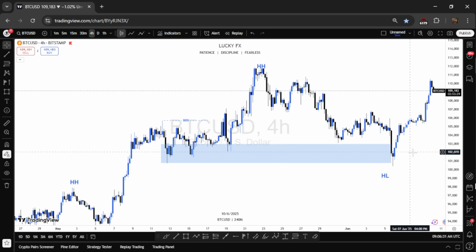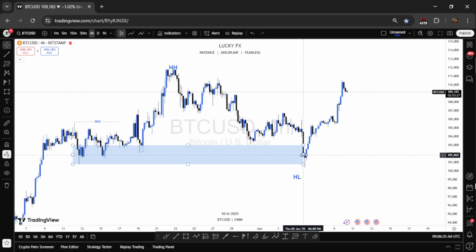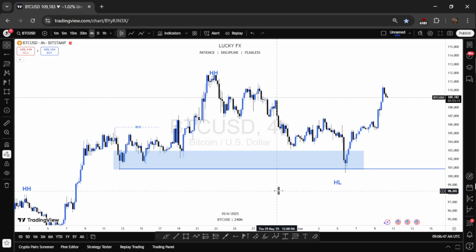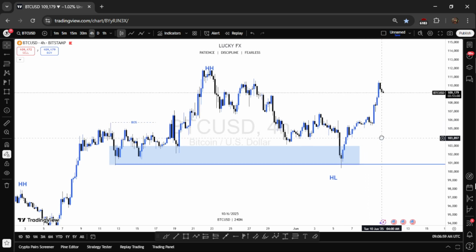And what did price do? Price swept, taking out the liquidity resting over here, the stop losses that were here. It took them, and then price eventually continued its uptrend.